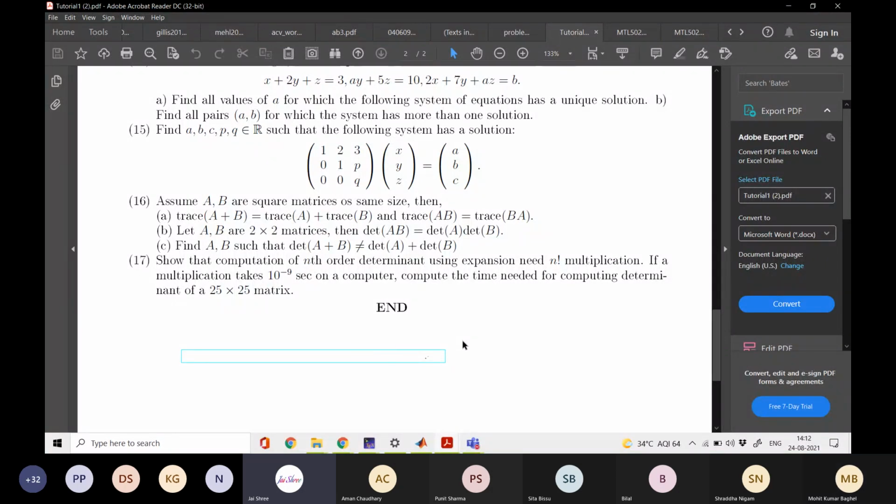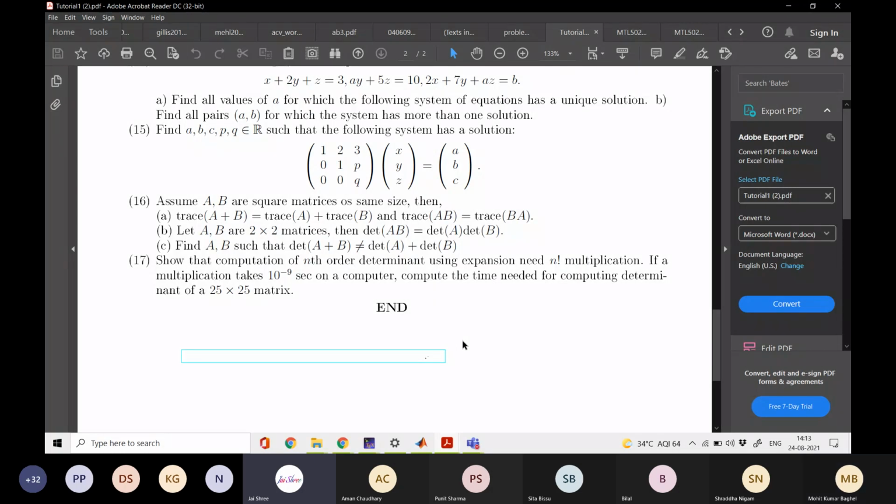The diagonal element for the first row and first column is A1 plus B1. In general we will write it an plus bn, and when we find its trace, we will write summation an plus bn, where n runs from 1 to I, where I is the order of the matrix.